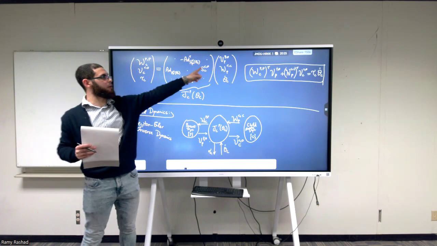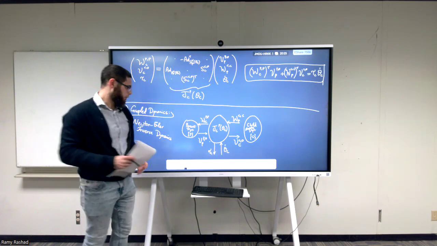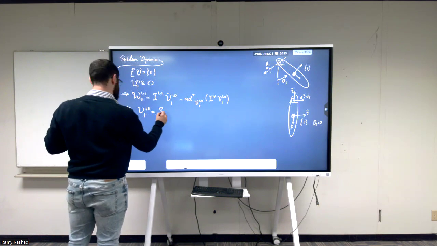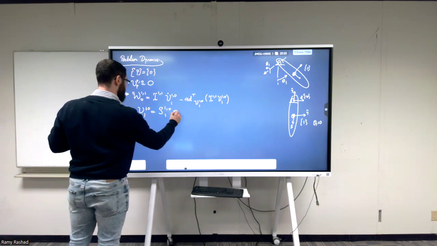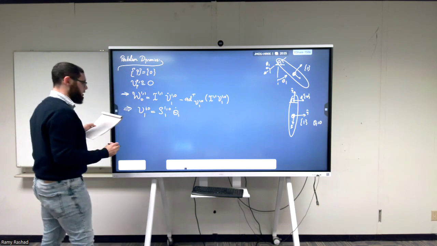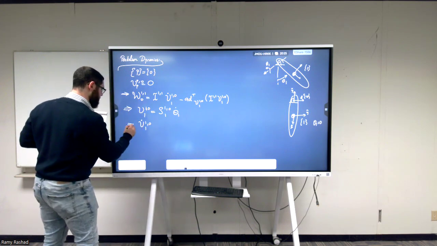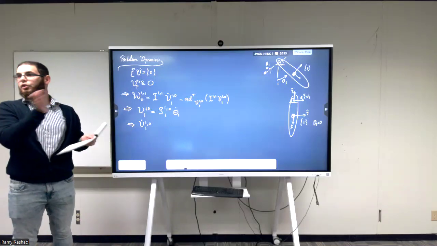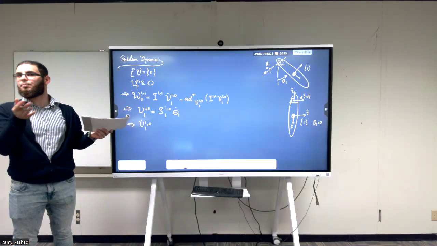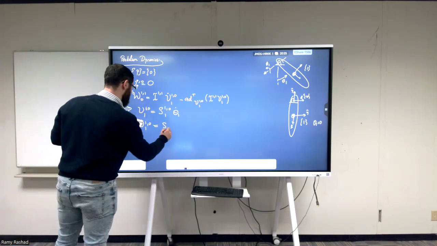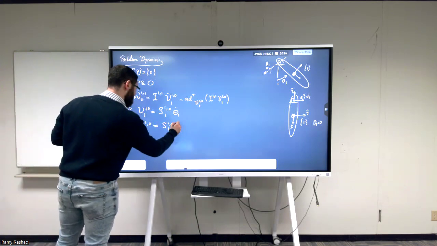So this term drops and we're only left with this term, which is equal to S1 1 0 theta 1 dot. What about the V1 dot? All of the other terms just drop because the V P 0 P is equal to 0. So we're just left with S1 1 0 theta 1 double dot.